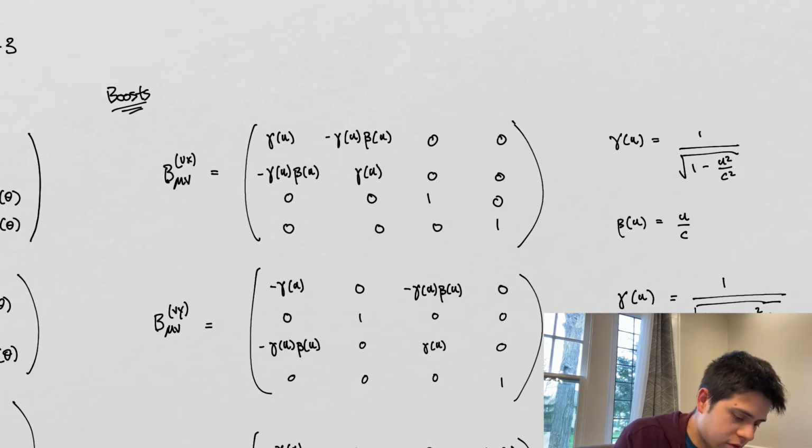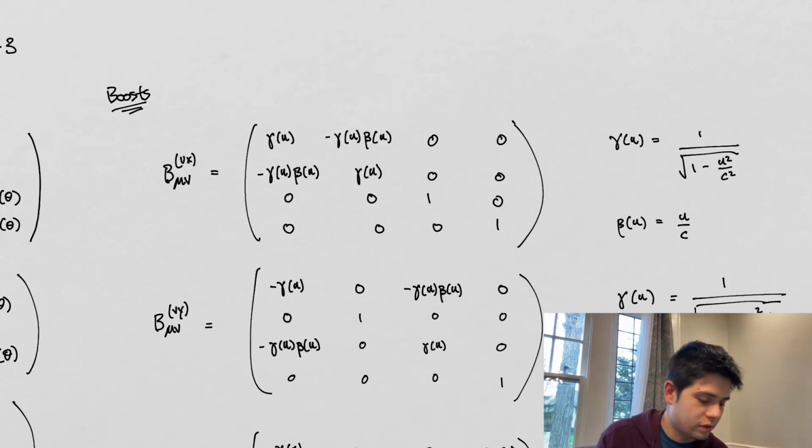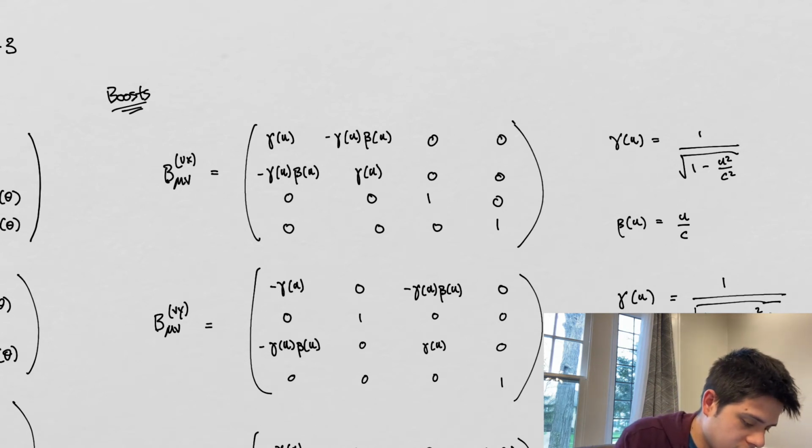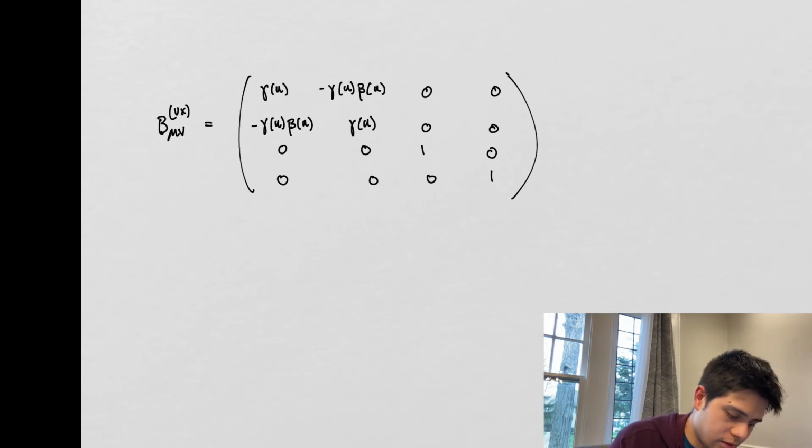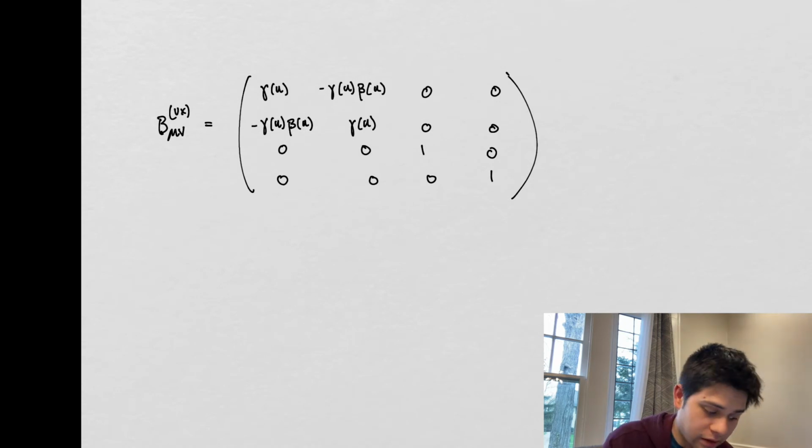Let's boost our particle in the x direction. I'm going to take this boost in the x direction, copy it, and go to a new page and paste it, just to remind us what this boost looks like.